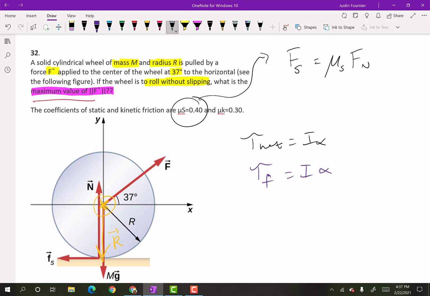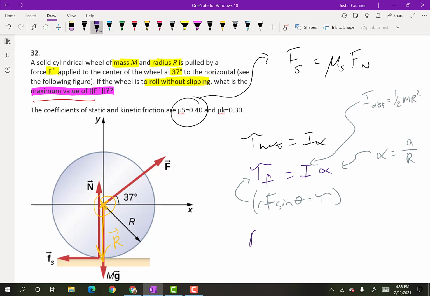I'm also going to use the fact that angular acceleration is a over r. And then this torque is r F sine theta. Any torque is equal to that. Plug that in there, and then in for the moment of inertia of a disk, it's 1/2 m r squared.